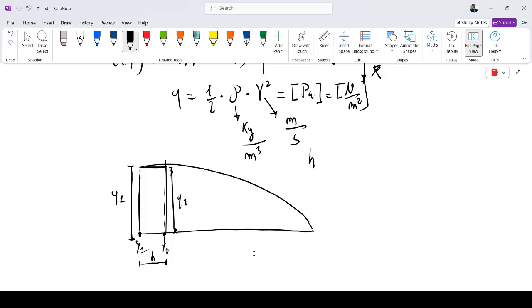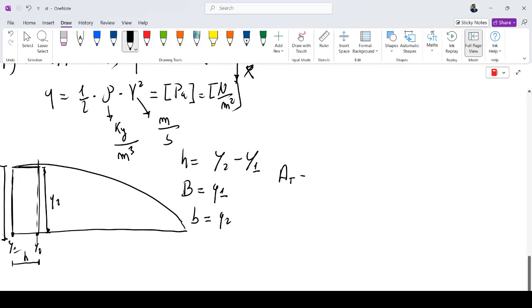So H is equal to y2 minus y1. B major is equal to Q1, B minor is equal to Q2. The area of the trapezoid is equal to B major plus B minor times H over 2.